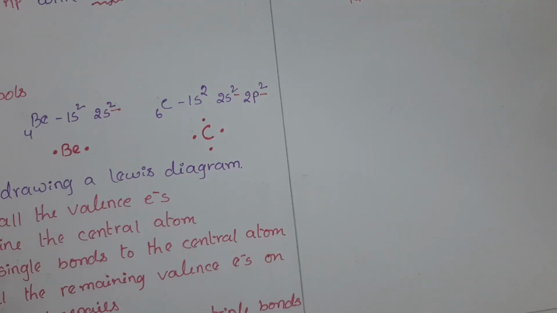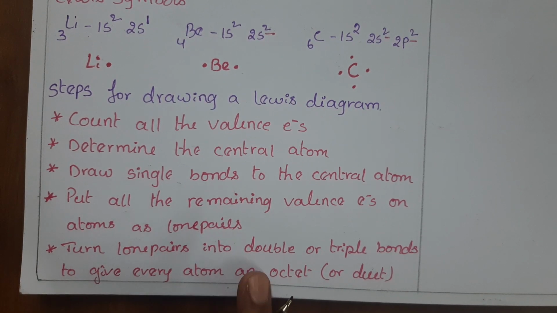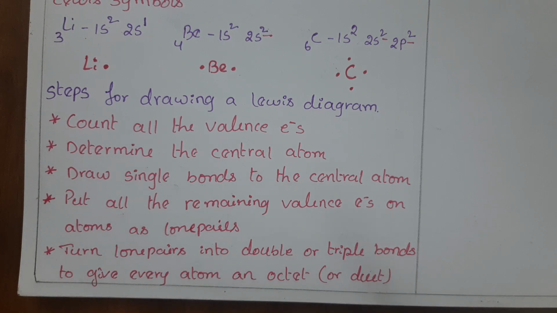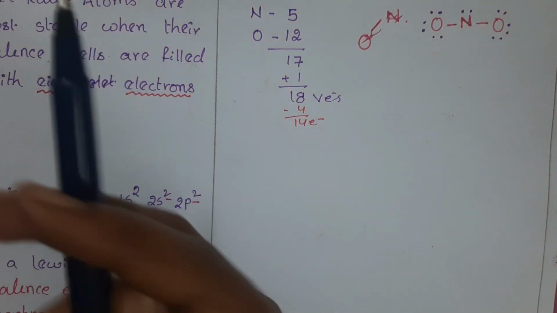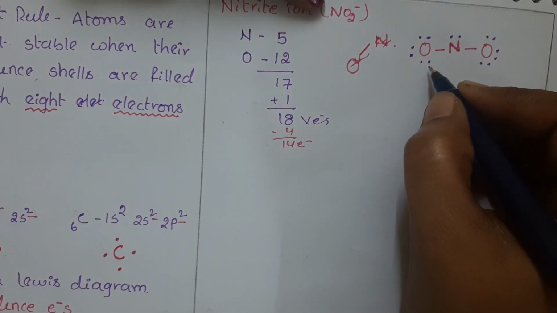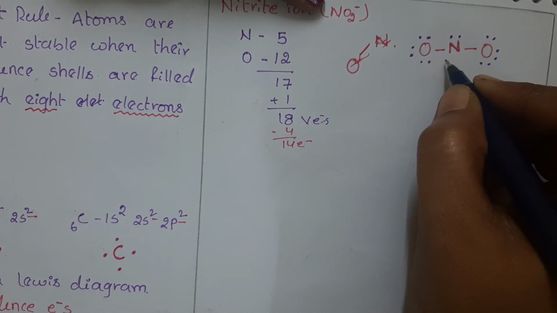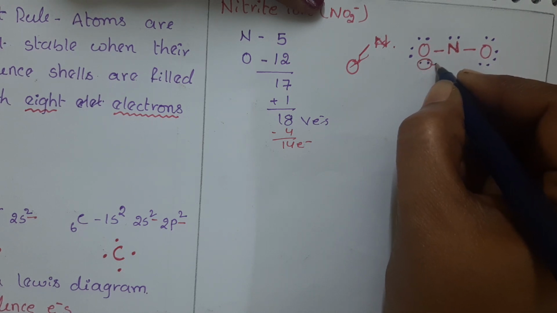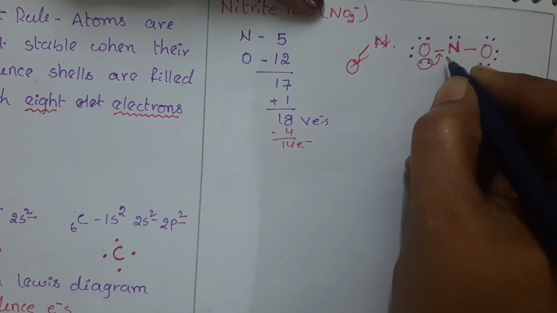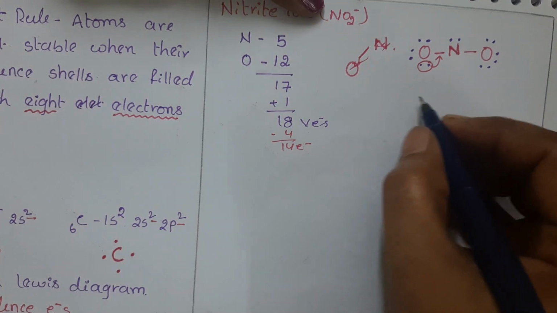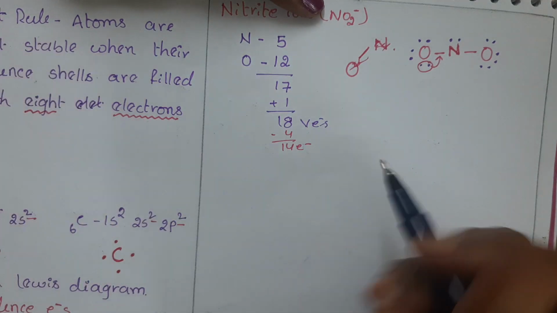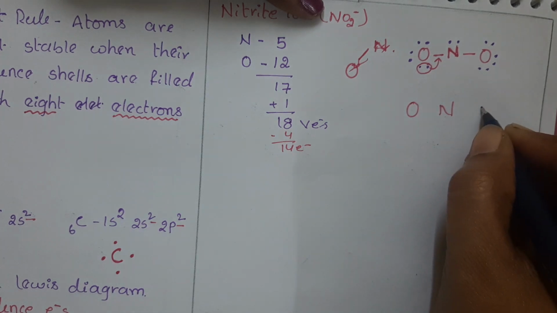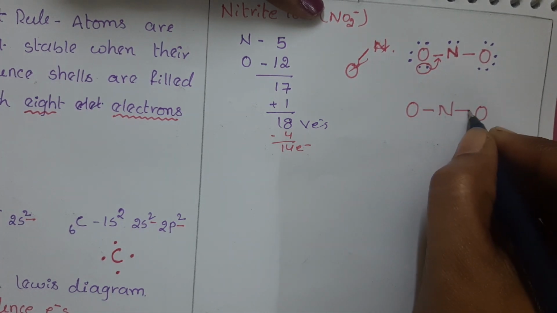Next, the last step is to turn lone pairs into double or triple bonds to give every atom an octet. So now turn one of the lone pairs of oxygen into a double bond to give an octet to each and every atom. Now I am turning these electrons into bond pairs. Now the structure of this molecule becomes nitrogen, oxygen, single bond.